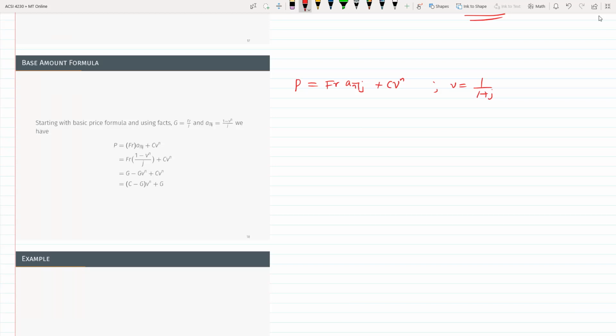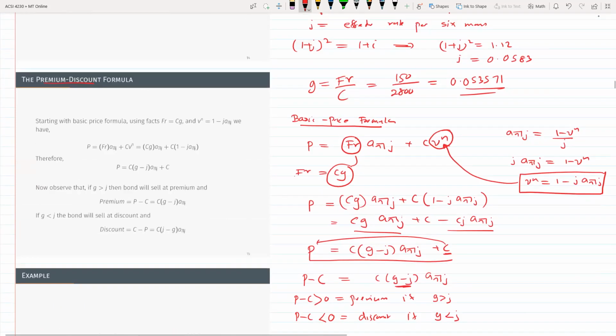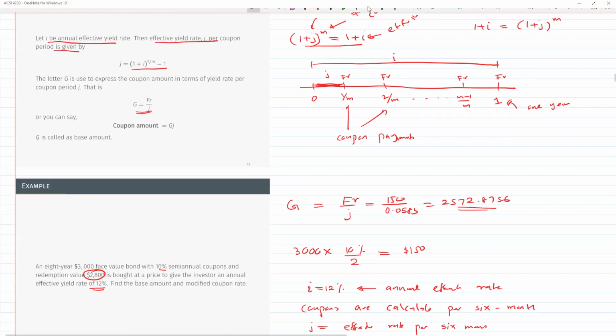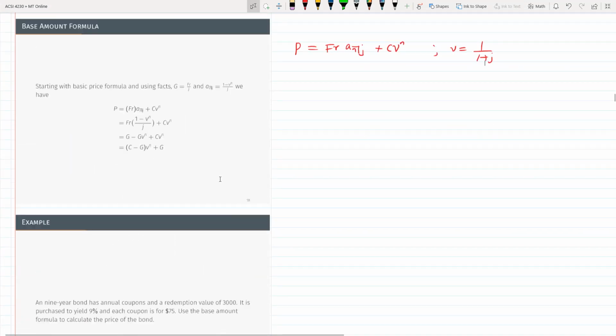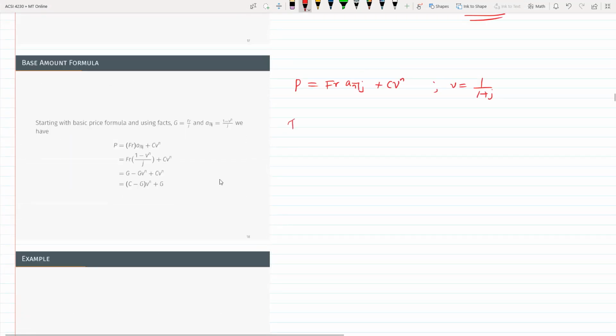So I can use the base amount. If you go to the previous slide, base amount is what? Base amount is basically FR divided by J, no? So using base amount, FR divided by J, which is basically G. And I also know the annuity formula looks like this.